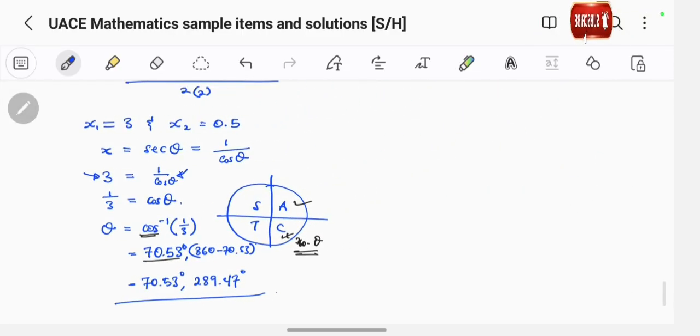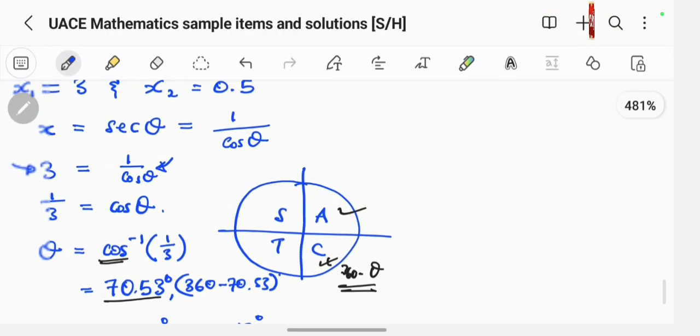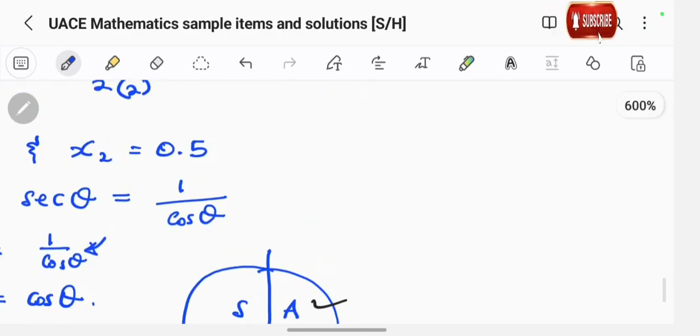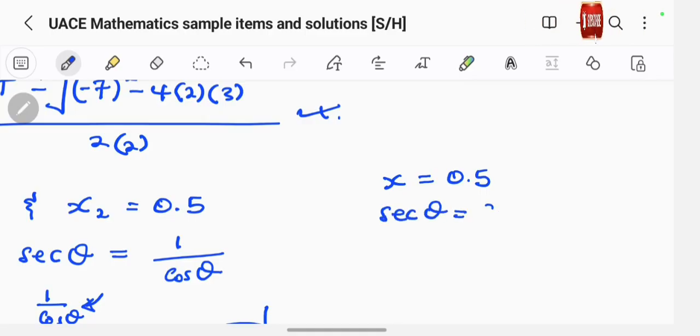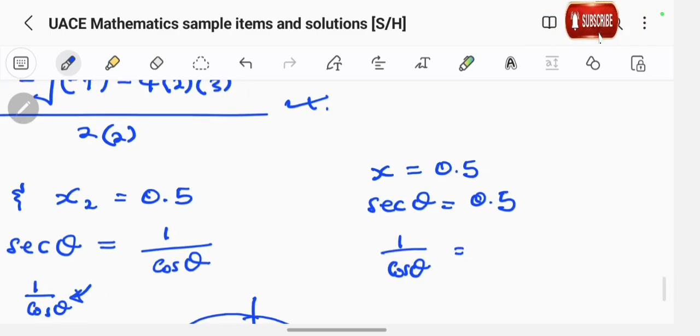So the next value is going to be x is equal to 0.5, but x is sec theta equal to 0.5. Then we know very well that this is 1 out of cos theta equal to 0.5.